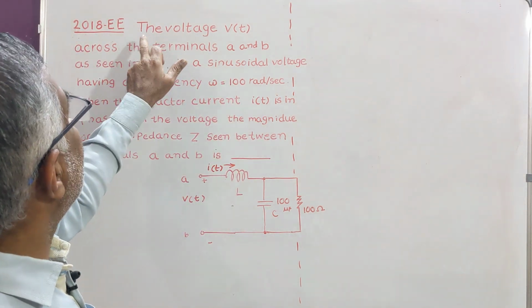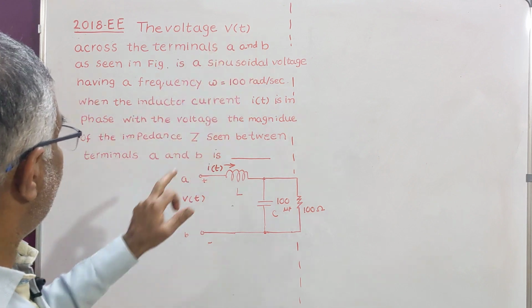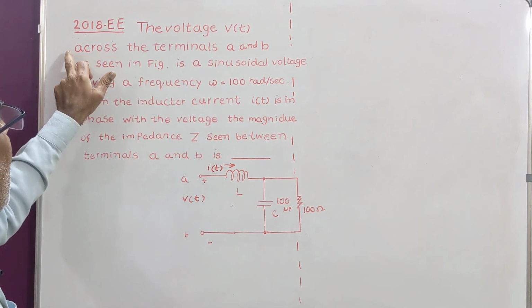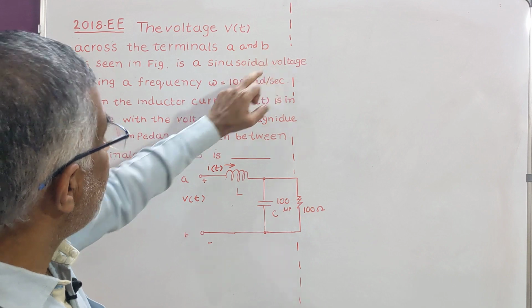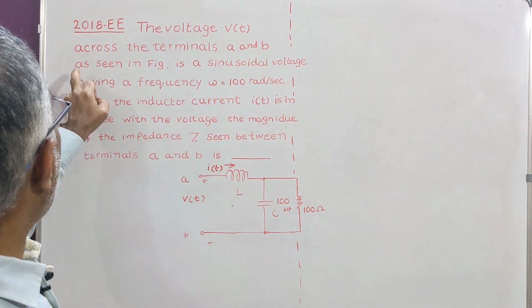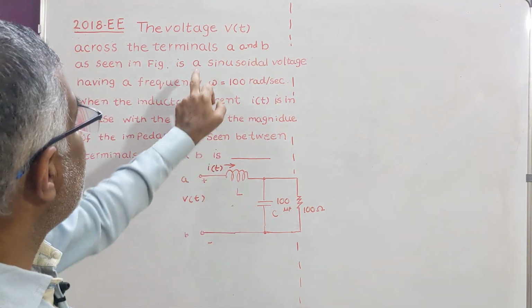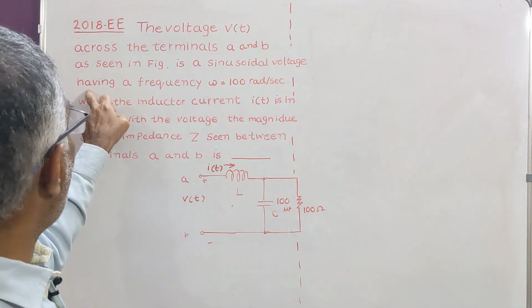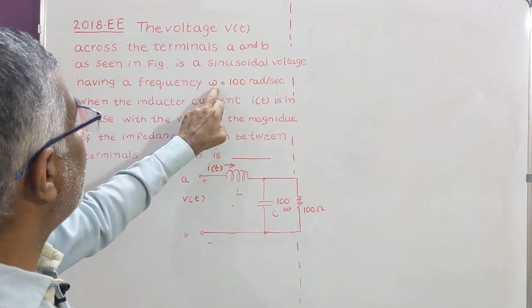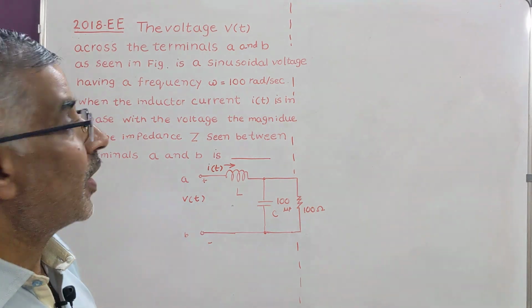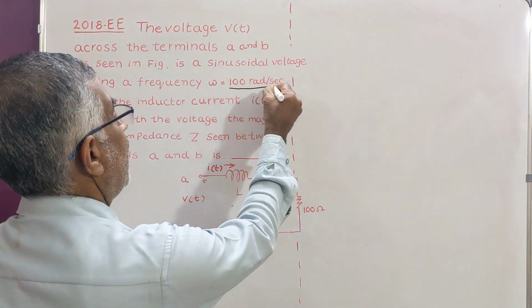The problem is the voltage VT. This is voltage VT across the terminals A and B, as seen in the figure, is a sinusoidal voltage having a frequency omega equal to 100 radians per second.